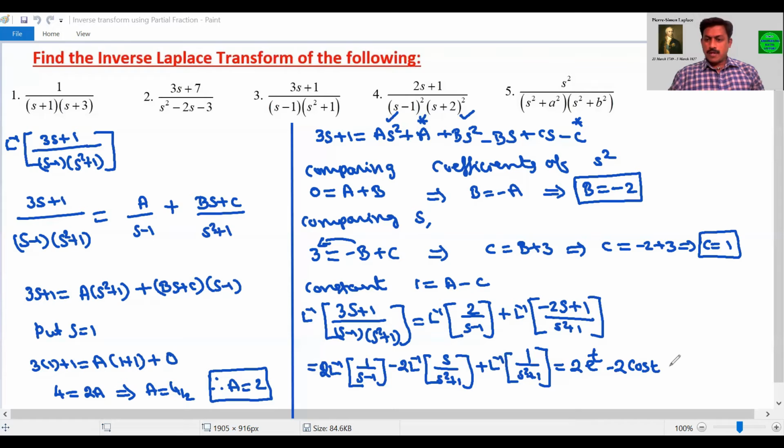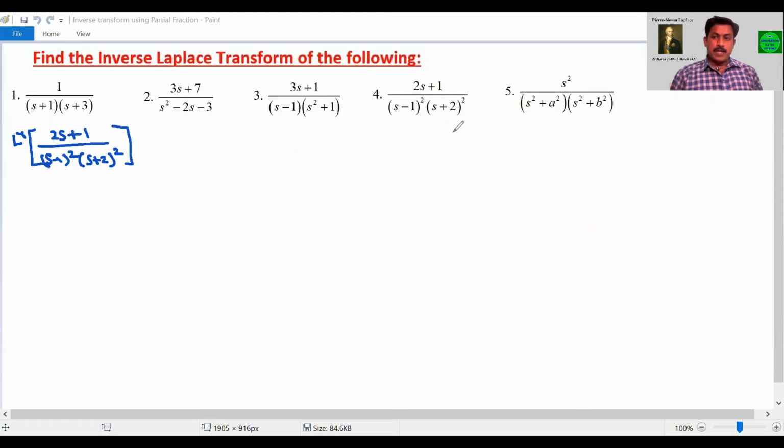Here plus L inverse of 1 divided by s square plus a square, that means a divided by s square plus a square is sin at by a. Here a value is 1, so we'll get simply sin t. Therefore, L inverse of 3s plus 1 divided by s minus 1 into s square plus 1 equal to 2 into e power t minus 2 cos t plus sin t is the required answer.